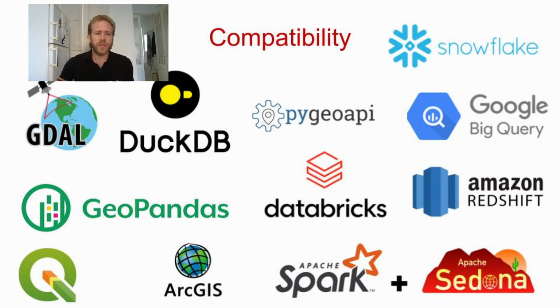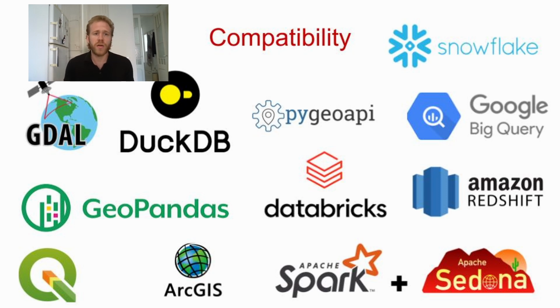It's supported by DuckDB, GDAL, GeoPandas, and pygeoapi, which can even serve a GeoParquet file as a web feature service via API. And because GeoParquet is just Parquet under the covers, cloud data warehouses and big data engines are on board too.